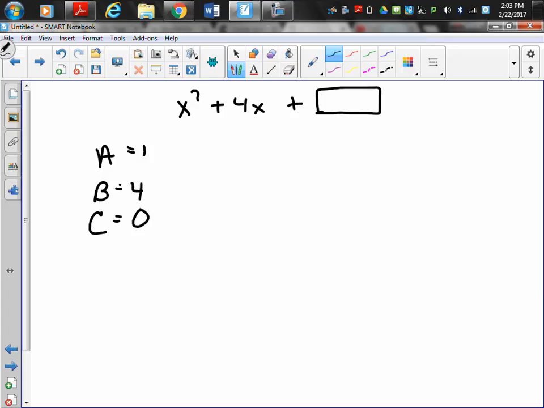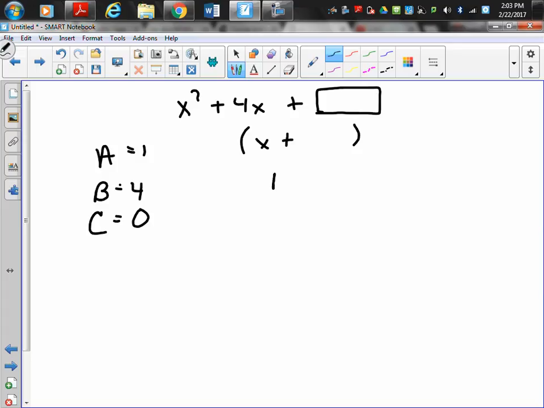Alright. So we have a formula for completing the square. It is the variable, then whatever this sign is, plus or minus, that's going to be a plus.